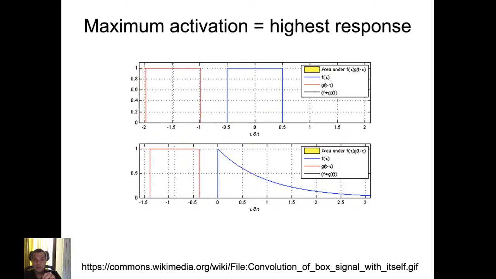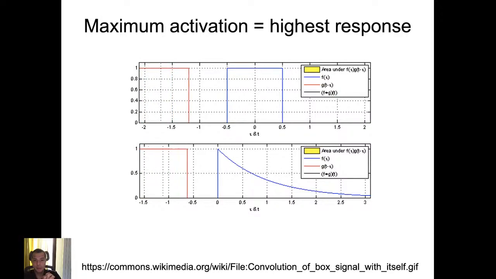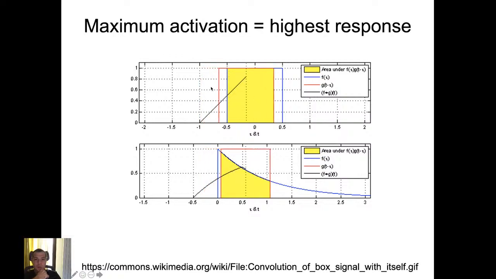When these weights are multiplied with the input, we obtain a very high response when the input has the same shape as the filter. In this case, we have a square filter, and when we apply it over the signal on top, we obtain the maximum activation when the filter is right on top of the blue signal.